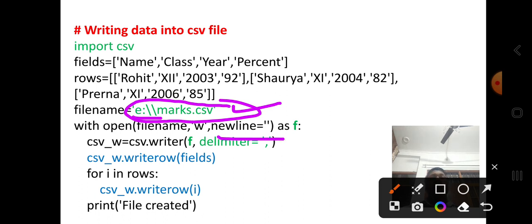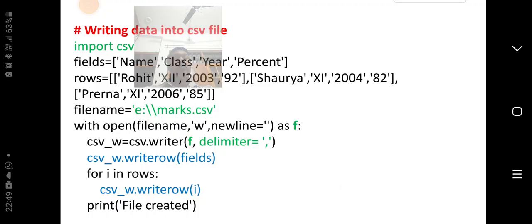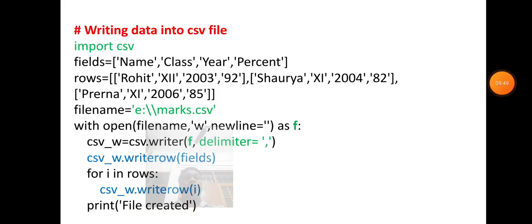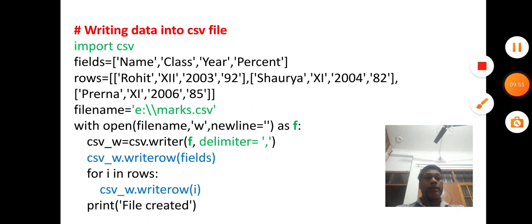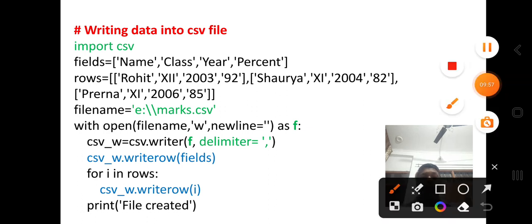You have to create a CSV file. With open function, you have to create a file object that is denoted by f.